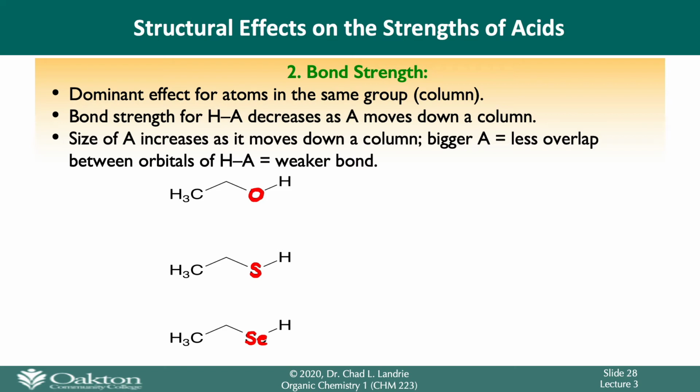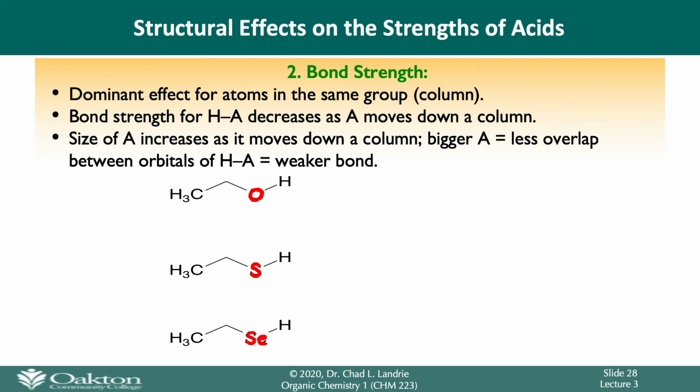And so if we find oxygen, sulfur, and selenium in the periodic table, we see that they're all group 6 atoms. They're in the same group. So that means we have to apply the bond strength principle. And they are arranged top to bottom the same way they are in the periodic table. Oxygen is above sulfur, sulfur is above selenium.